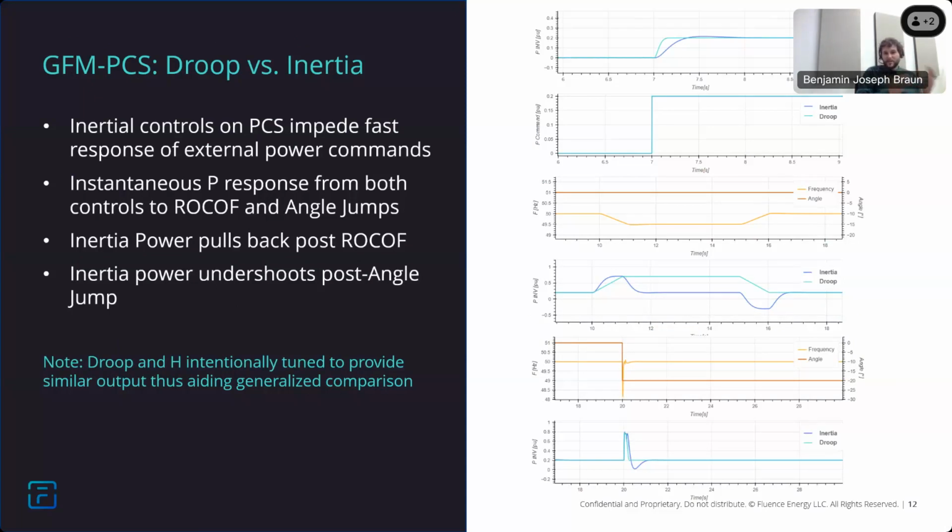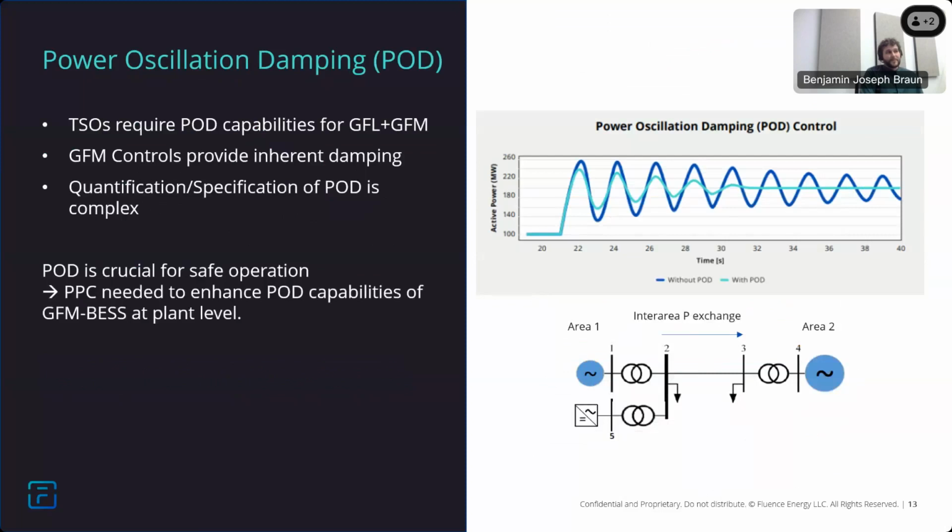So comparing these two modes, knowing when to use them, when not, am I in an island or not, that's another role of the plant control. Power oscillation damping, grid forming controls inherently provide damping to the system, but the plant level controller can modulate the response and provide even more oscillation damping.